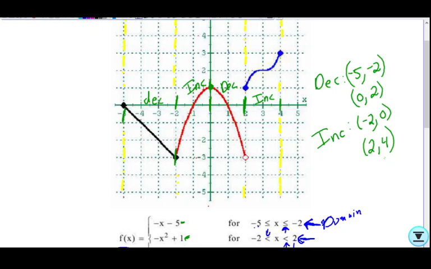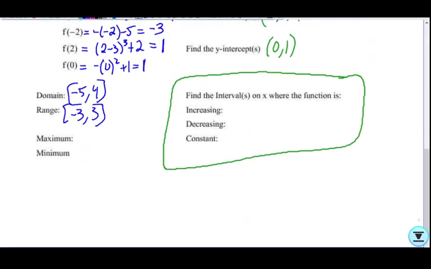Okay? All right. So the last part we're going to talk about today are maximums and minimums. But to do that, we got to talk about there are two different types of maximums and minimums. For maximums, we can talk about what we call absolute versus relative maximums.